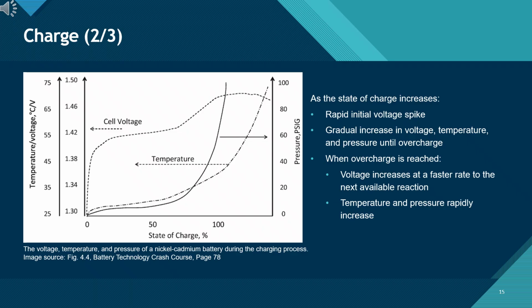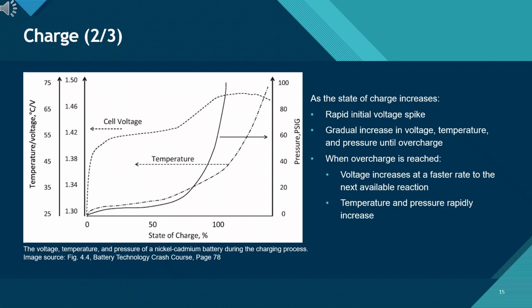On this slide, we look at how voltage, temperature, and pressure change as a NiCd battery charges. At the beginning of the charge, there is a rapid spike in cell voltage. That's the battery responding quickly to the incoming current. After this spike, voltage, temperature, and pressure increase more slowly as the battery continues to accept charge. However, once the battery reaches full charge, the behavior changes dramatically. The cell voltage rises more sharply as the electrochemical reactions shift to side reactions.